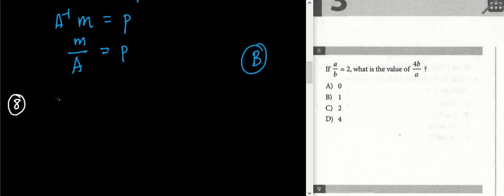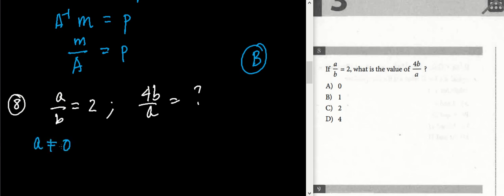In problem 8, we're told A over B is equal to 2. We're asked to find the value of 4B over A. The nice thing about this problem is that because A over B is equal to 2, we can conclude that neither A nor B is equal to 0.